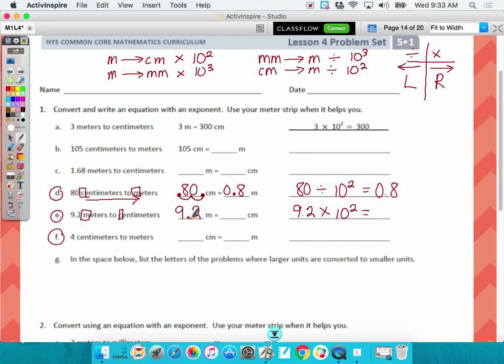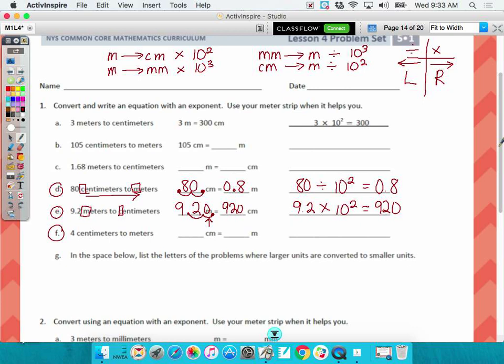To the right, how many? 2. Good. What do I have to fill in with? Fill it in with a 0. So the answer to 9 2/10 meters is what? 920. 920 millimeters or centimeters? Centimeters, very good. Okay, let's take a look at F.